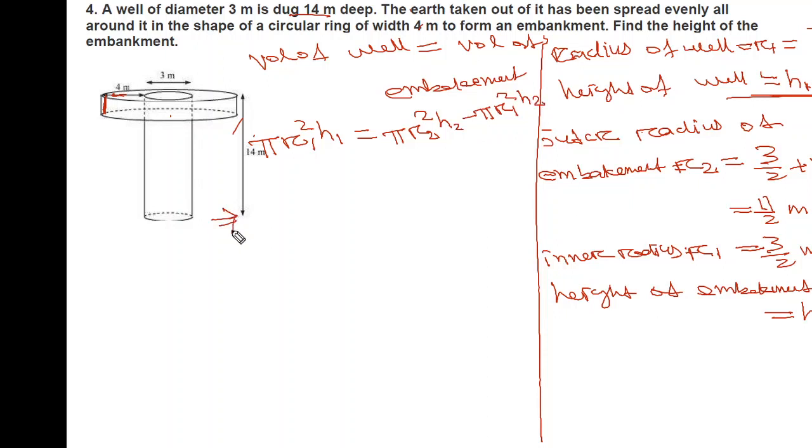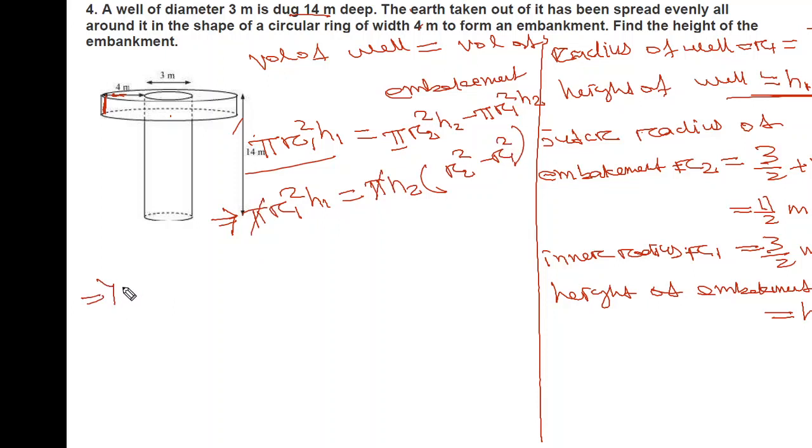Now, implies, we write the same: pi R1 square H1 is equal to, you can take pi and H2 common, pi H2 into R2 square minus R1 square. So you can cancel the pi and pi here.